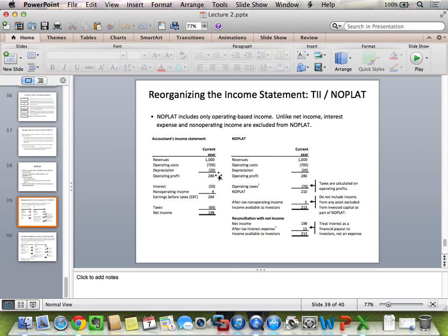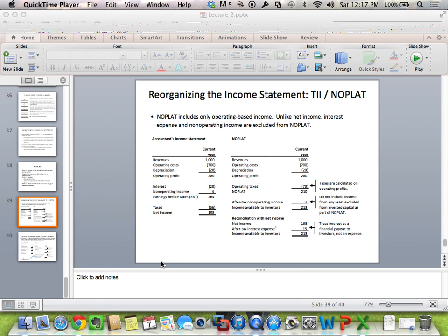Depreciation is the net PP&E that supports your plant and equipment. That's all operating. If you subtract all of that, you get your operating profit or your EBIT. So let us make an assumption that operating profit is operating, and instead of doing all three above it, simplify by starting with operating profit on an income statement when we do our NOPLAT.